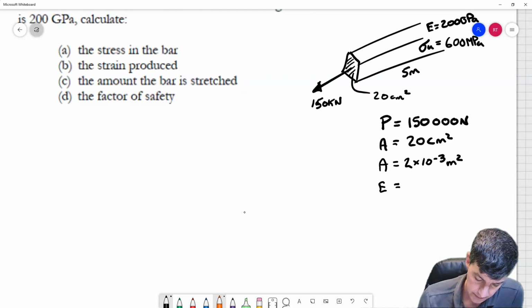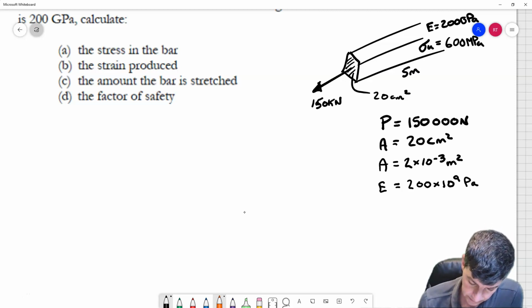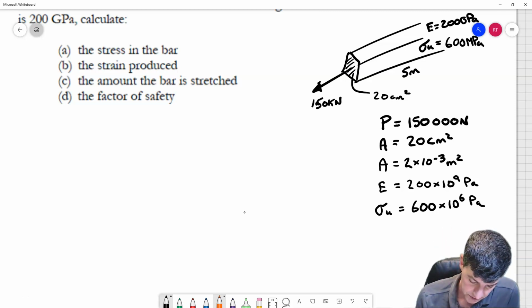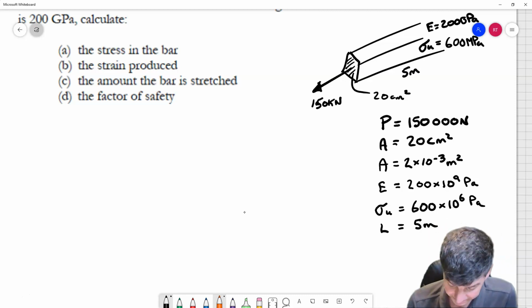E is in gigapascals, but I would prefer to have it in pascals, so I'll replace the giga with a 10 to the 9. My ultimate stress, 600 MPa, means mega, times 10 to the 6th pascals. Good news is my length is in the right units, 5 meters.